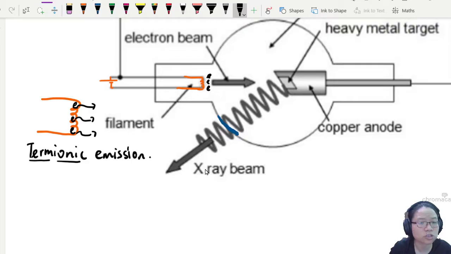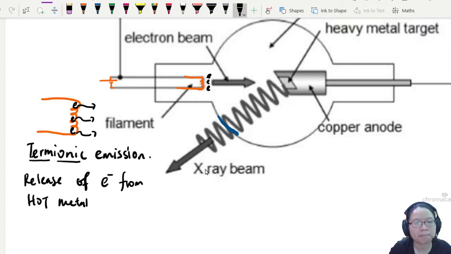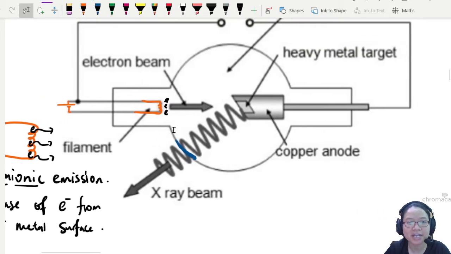This is not photoelectric emission. This is the release or emission of electrons from a hot metal surface. So we heat up the metal surface by passing current through the filament, and now the electrons all come out.